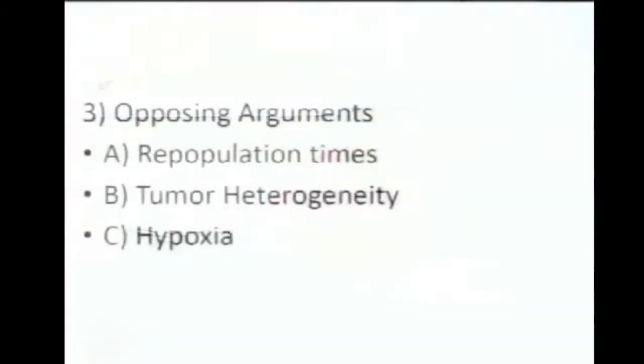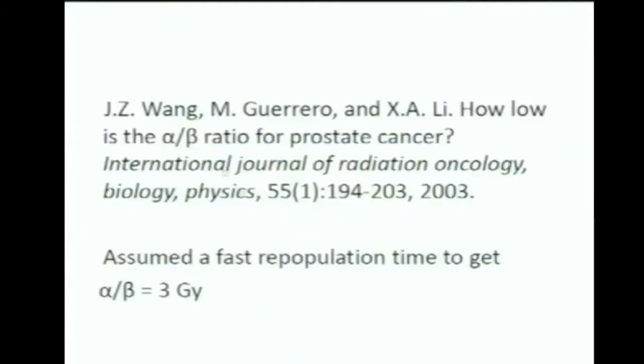All right. So then I'm just going to bring up some of the other opposing arguments against this theory. And the first one here, in the first opposition here, an alpha-beta ratio of 3 was calculated, and that was because it was assumed that the tumor begins repopulating much sooner after the radiation therapy.